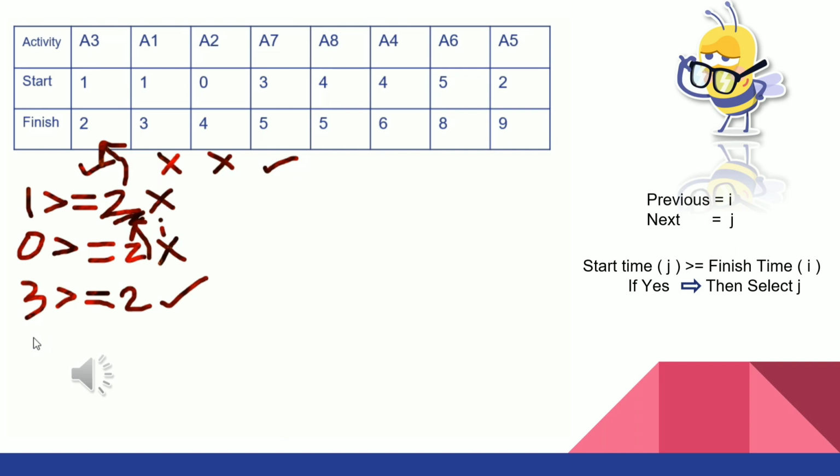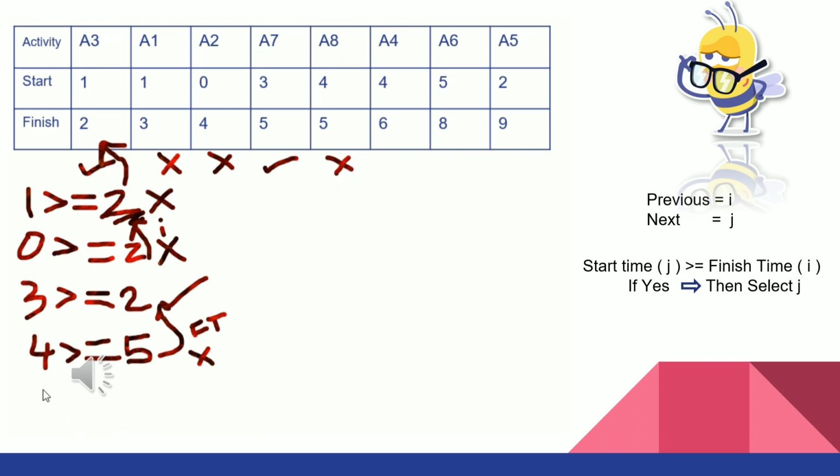Now we are moving on to the next activity, that is A8. 4 greater than or equal to, now we have to write 5 here, just because 3 greater than or equal to 2 was satisfied and that activity was chosen, so we do not write that finish time here. We are writing 5, the next finish time. 4 greater than or equal to 5 fails, so obviously A8 is not chosen.